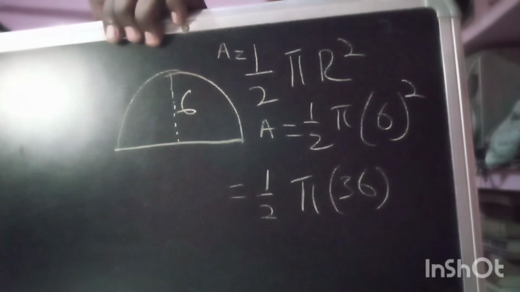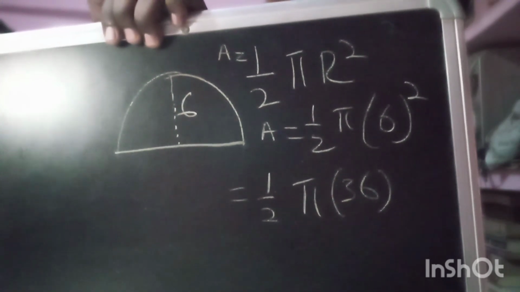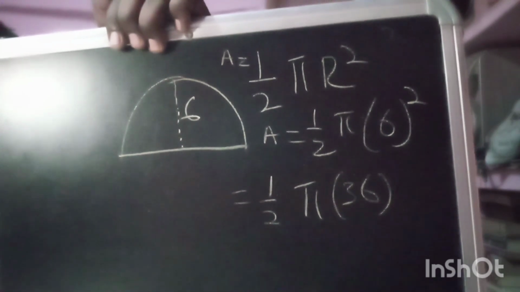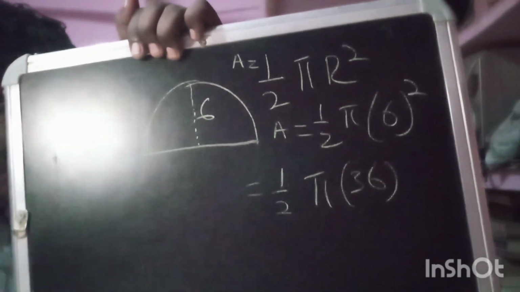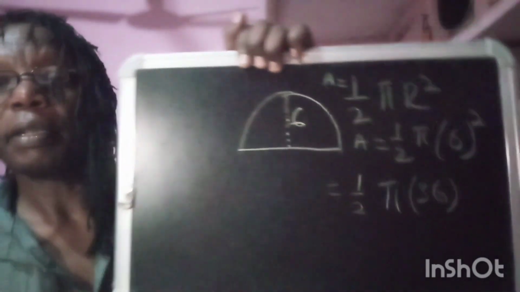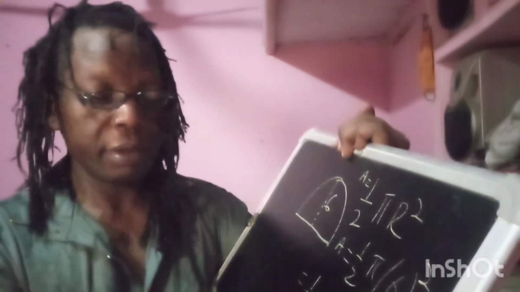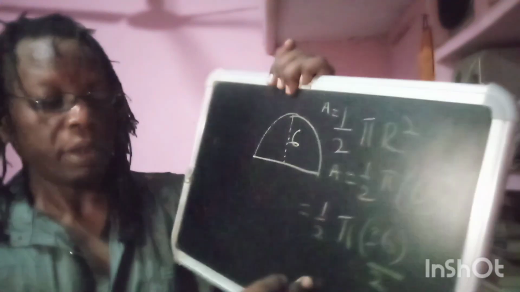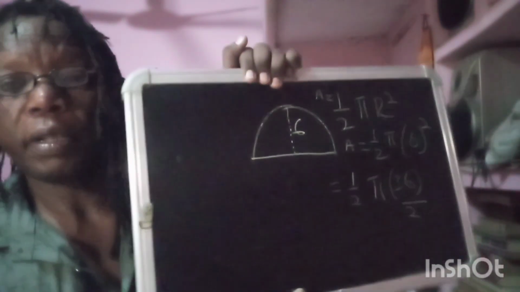So what would the area be? Now you can guess also, because we have a half of this thing, which means we're going to divide this by 2. So this will give us area equal to 18 pi.